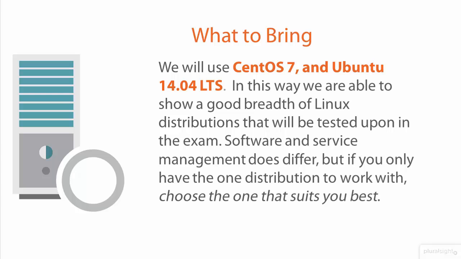So we'll be having a master zone running on our Ubuntu system, and we're going to look at how we can then replicate that or use our zone transfer to have a slave server running on a CentOS system. But for yourself, if you don't have multiple distributions or you don't want to get involved in multiple distributions, just use the one that suits you best.